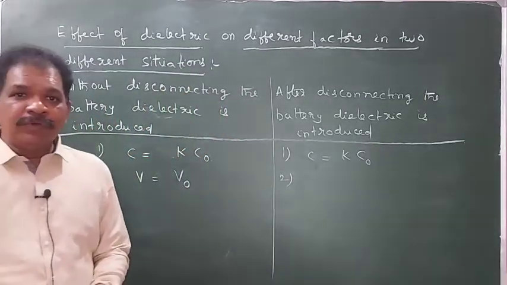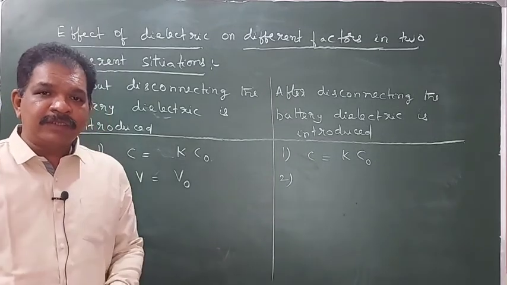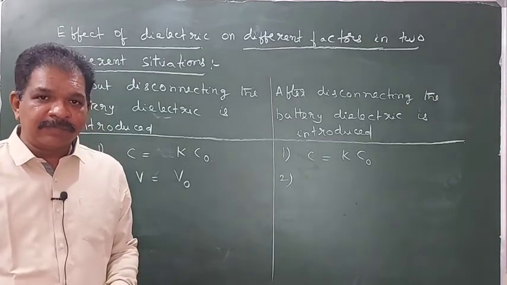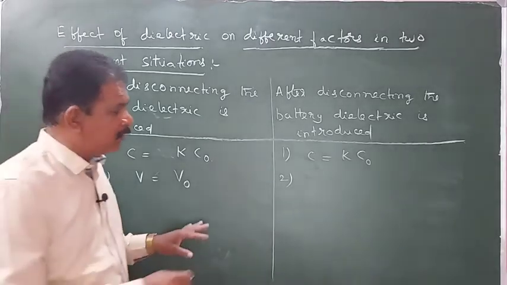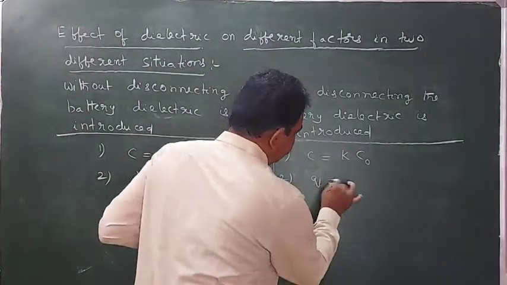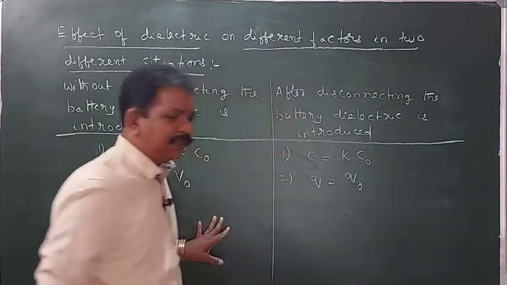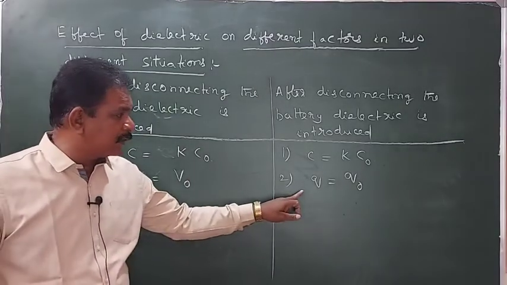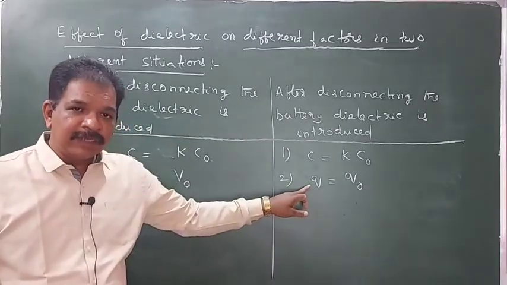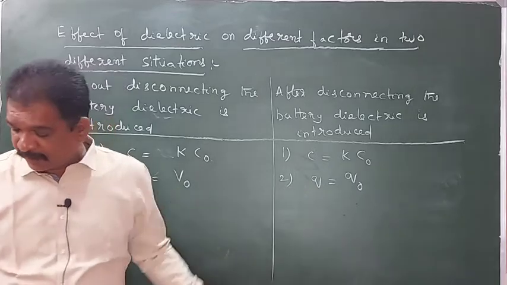Battery was removed, so no additional charge is coming to the capacitor. There is no source to get the additional charge. That's why charge will remain constant. Here potential will remain constant. Here charge will remain constant.